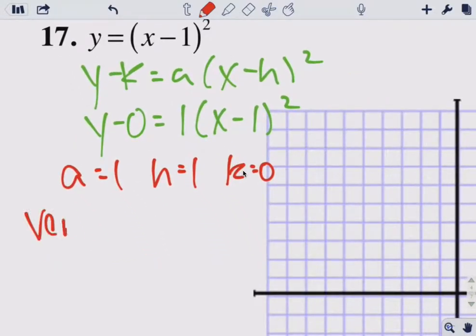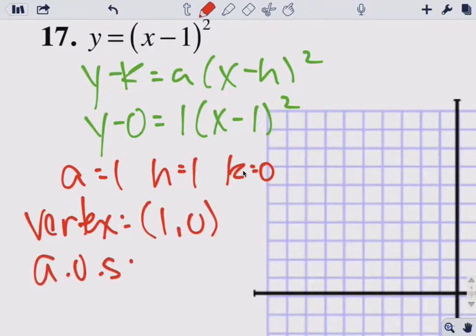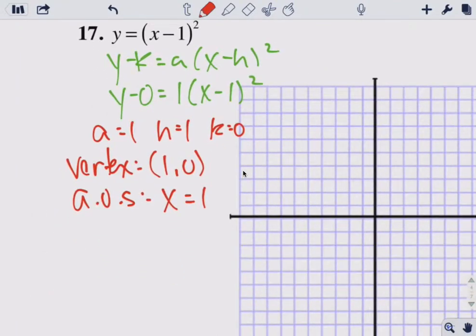So again, find the vertex. Vertex is 1, 0. Find the axis of symmetry. That's x is equal to h. And then make our table.